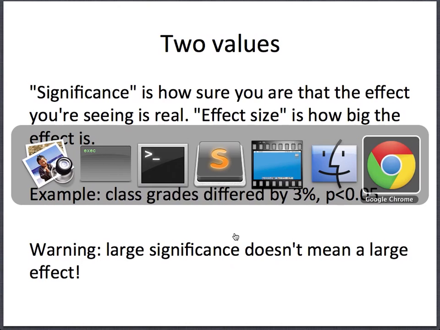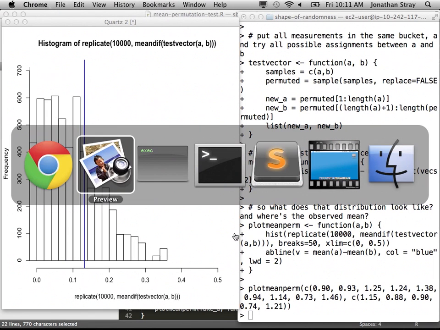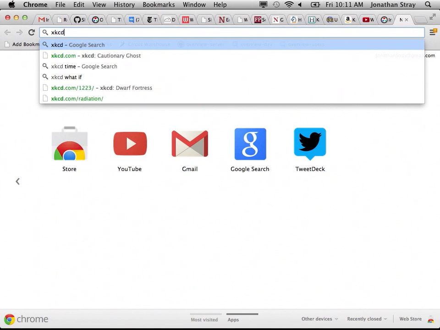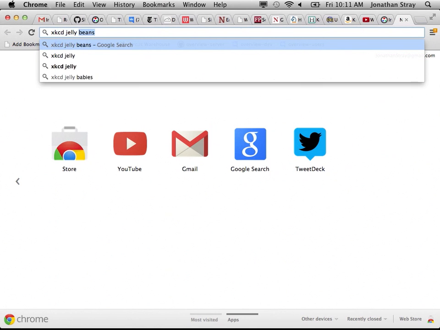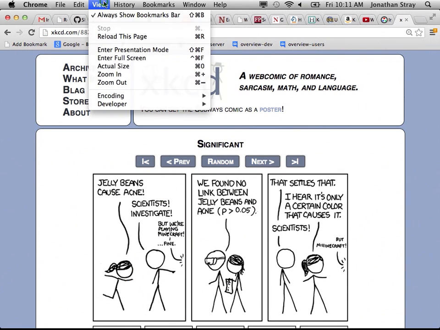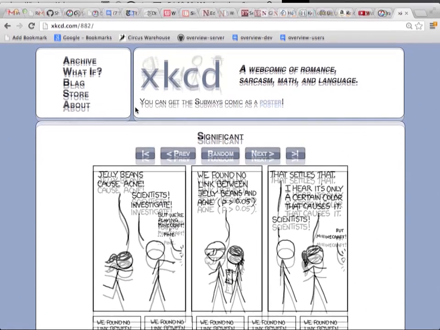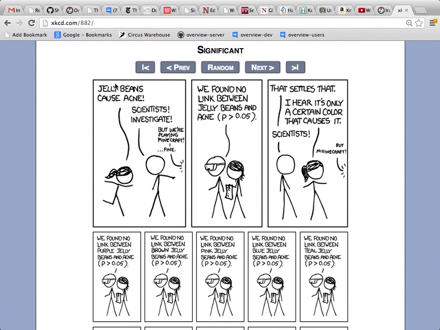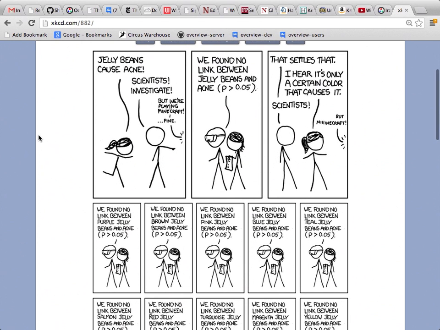I'm going to go to my favorite teaching tool, XKCD, which is a geeky webcomic. They have a beautiful example of this. Two scientists are trying to figure out: do jelly beans cause acne?